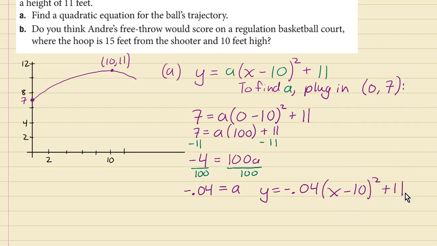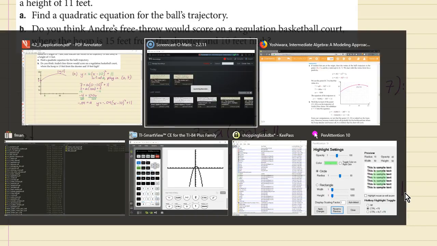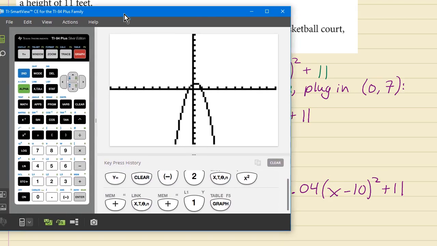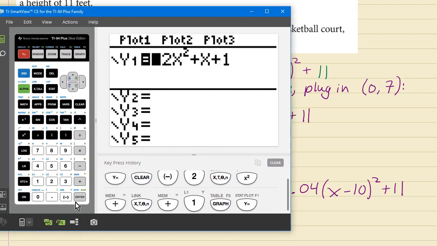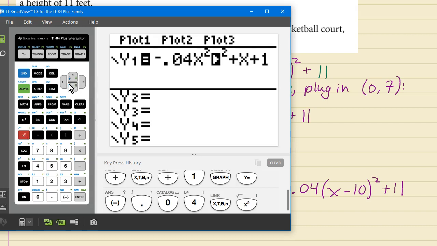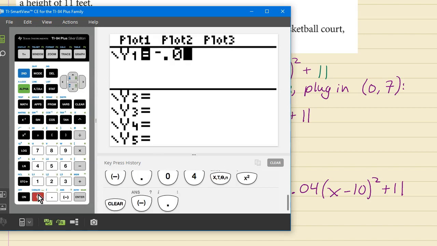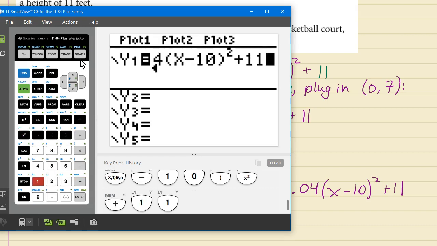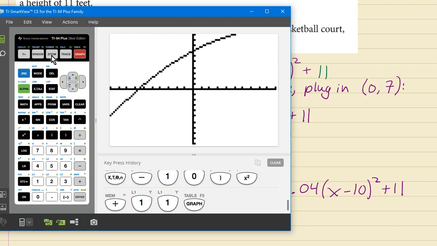And of course the good way to check this would be to graph it on your calculator. We're going to graph y equals negative 0.04 times, sorry, not x squared, that should be something totally different, it's the quantity x minus 10 squared, plus 11. Check out the graph.